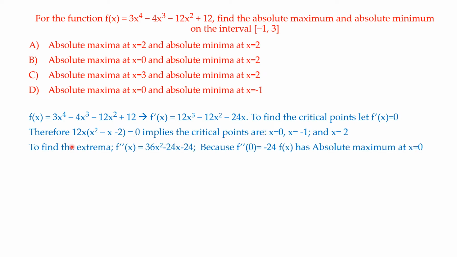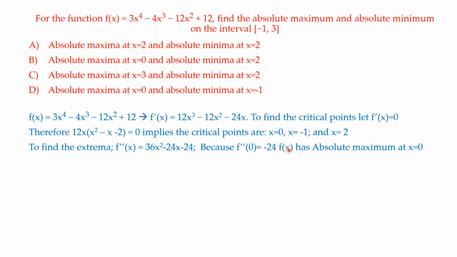To find the extrema, we have to take the second derivative. The second derivative of this function is 36x squared minus 24x minus 24. Then if we evaluate f double prime at x equal to 0, we will get -24.